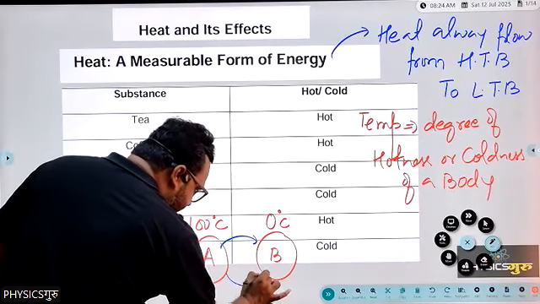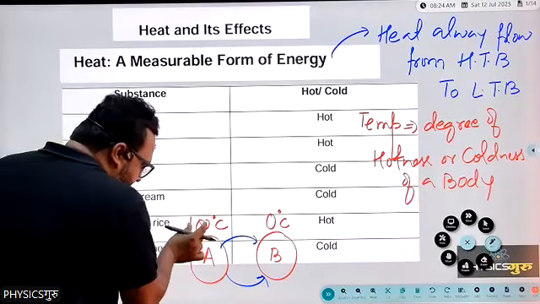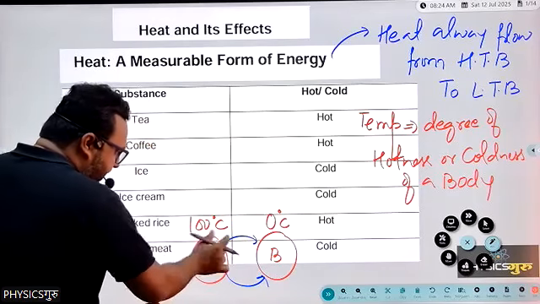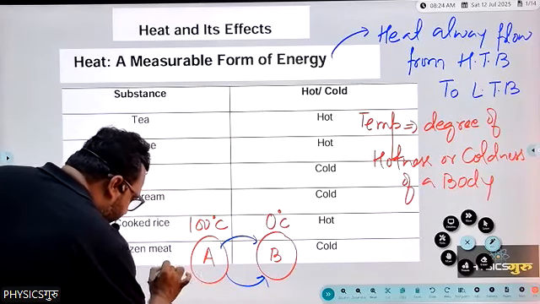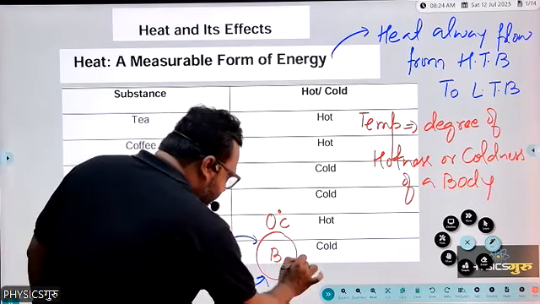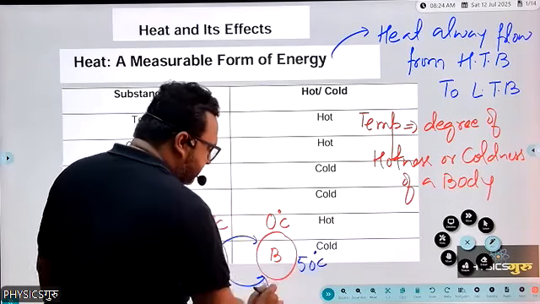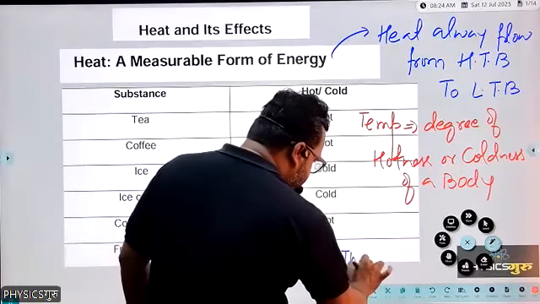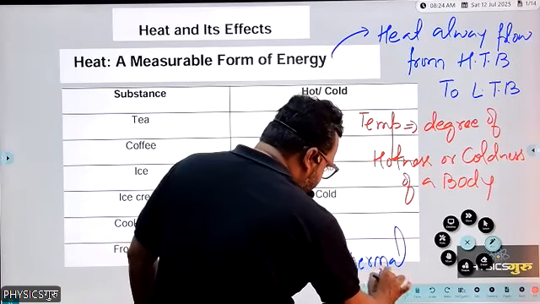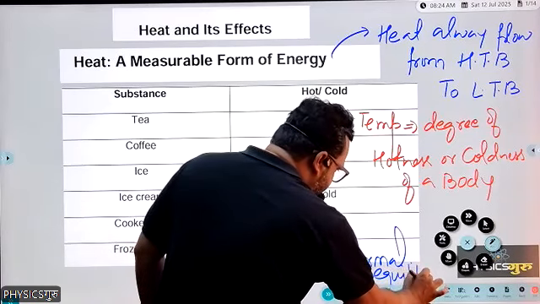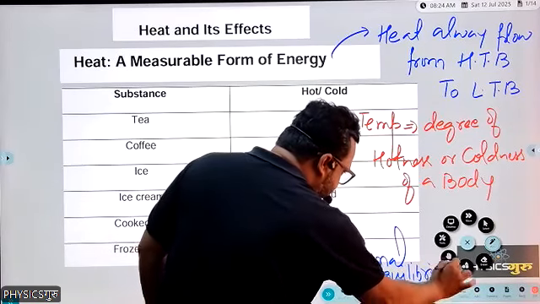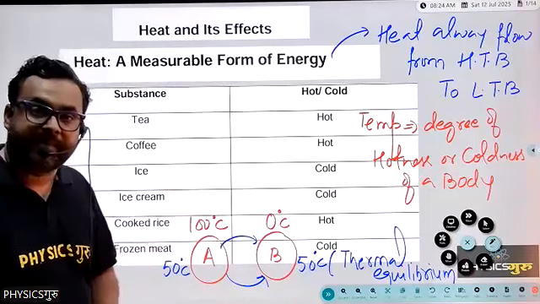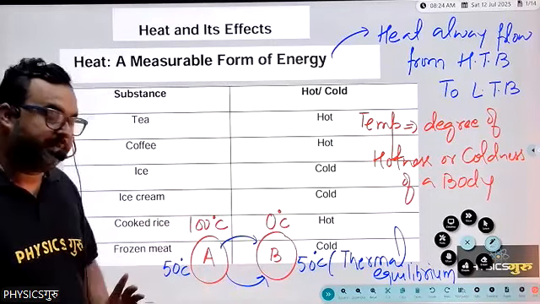Heat flows from the high temperature body to the low temperature body until the temperature of both bodies is 50 degrees centigrade. This condition is called thermal equilibrium. That means in this case, the temperature of both bodies remains the same.